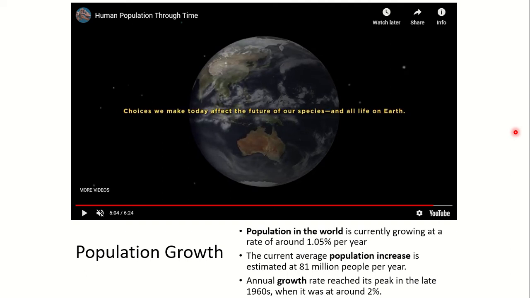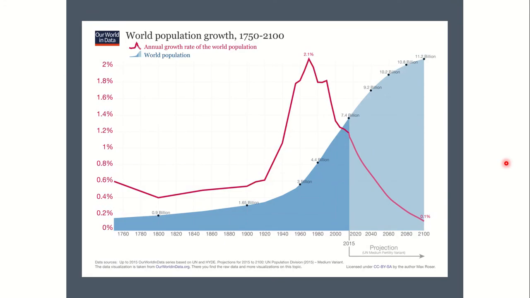Okay, look at this graph. This graph simplifies the story we just saw in the video. In blue, you can see the overall population of Earth increasing from 1760 to 1940 through year 2000 to 2015 when this graph was made.